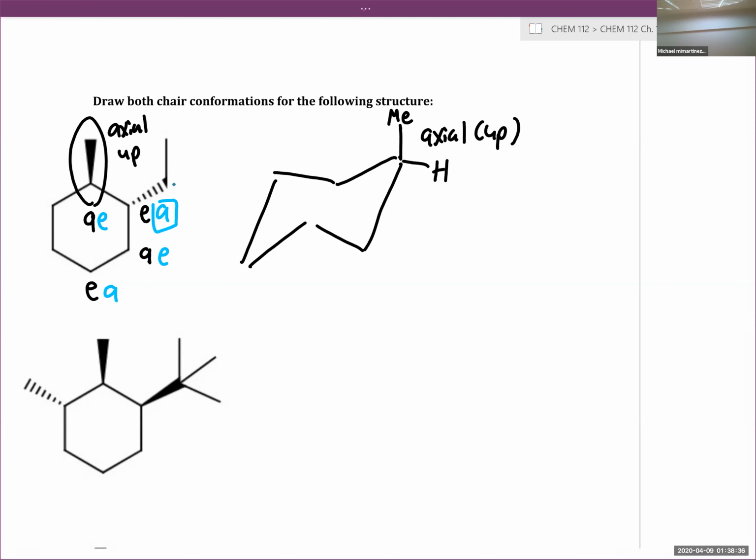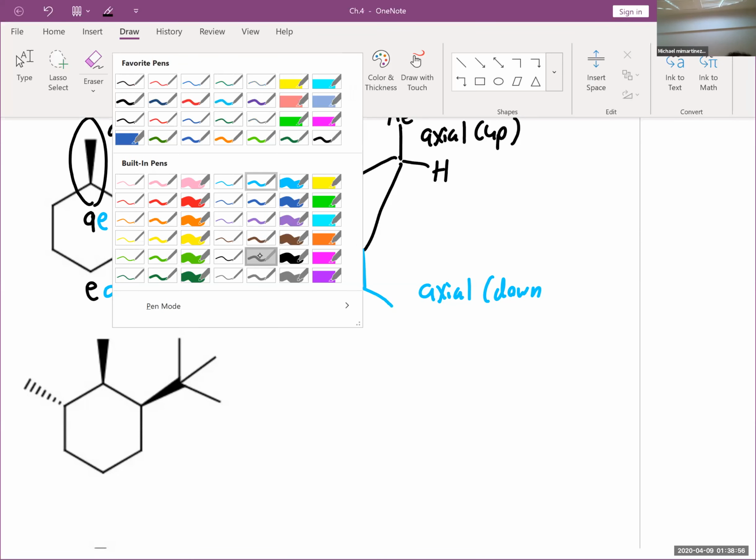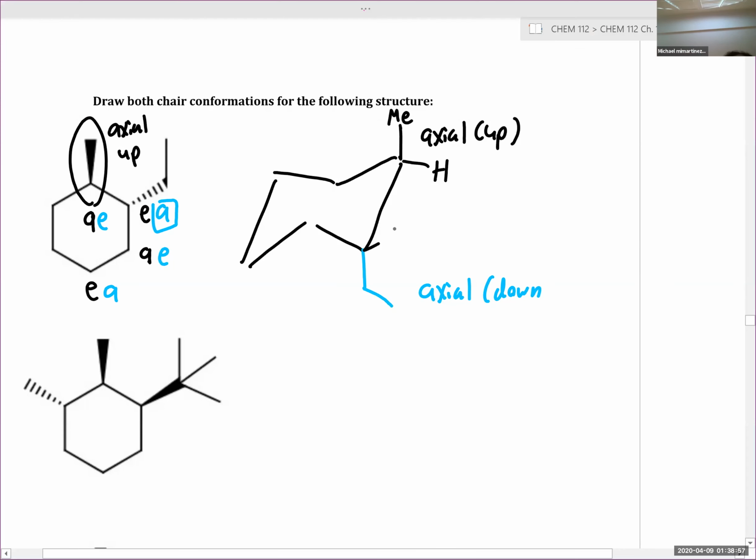Will it be axial or equatorial? Axial, yep. This ethyl group will be axial, pointing down. And our hydrogen will be equatorial, pointing up.